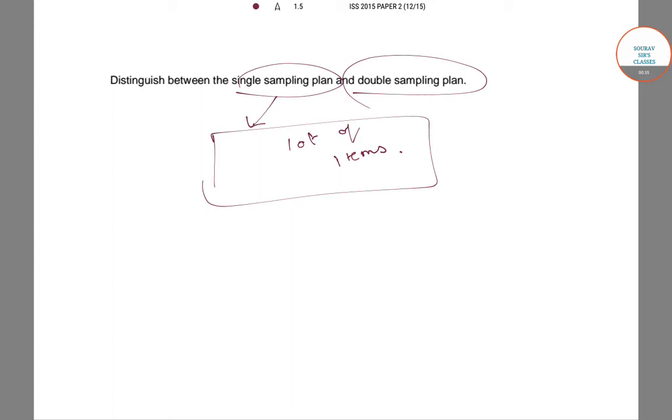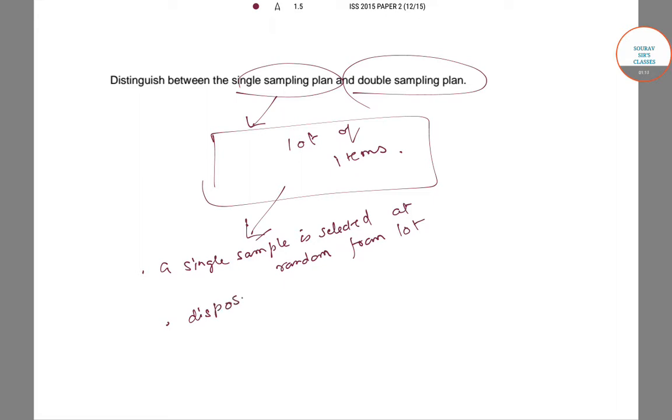In single sampling plan, a single sample is selected at random from this lot, and the disposition of the lot is determined from the resultant information obtained from this sample.